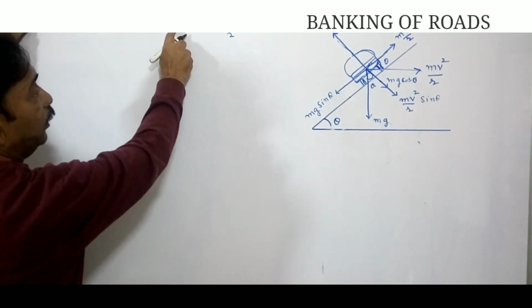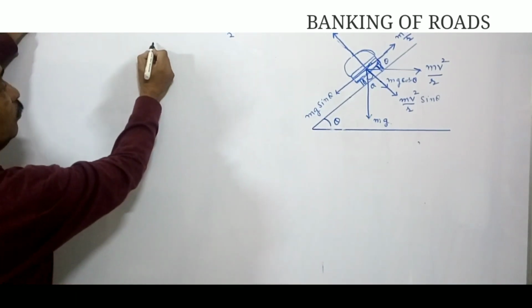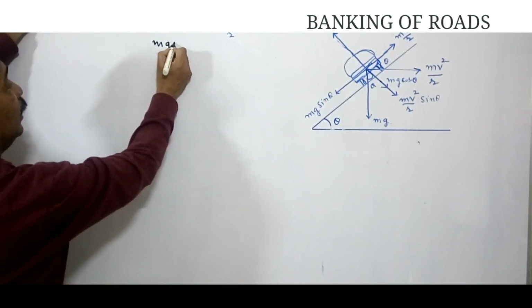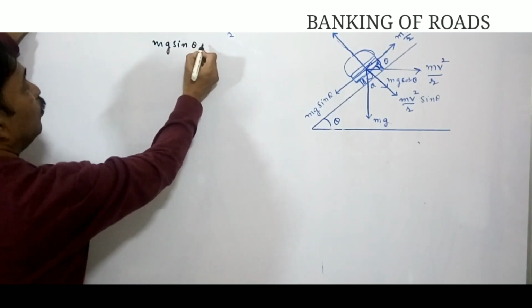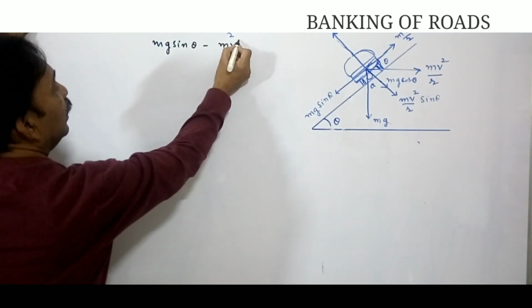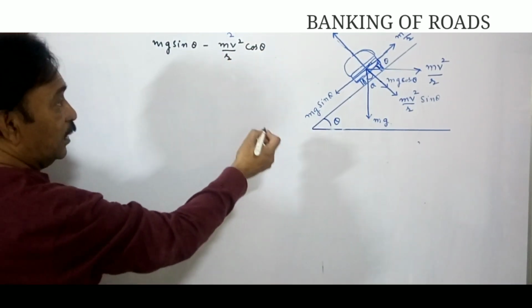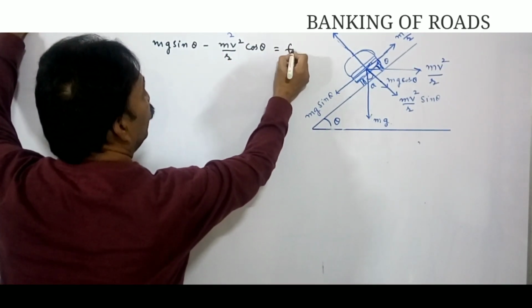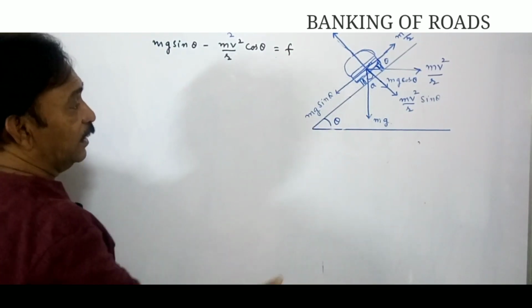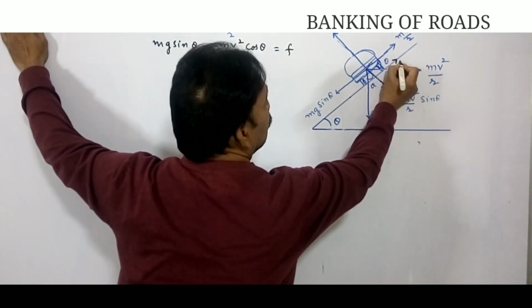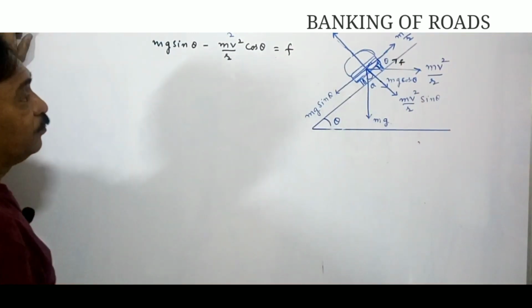Obviously, as you learned before, the difference between the two provides the force. So mg sin theta minus mv square by r into cos theta is the net force. It is equal to the frictional force. In this case, the frictional force acts in this direction.